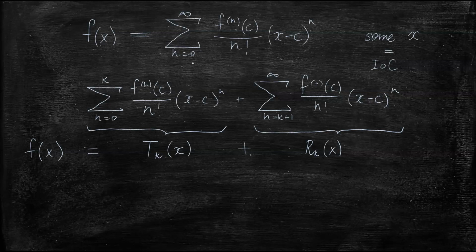This whole business of the Taylor series being equal to the function on its interval of convergence is only possible when the remainder actually goes to 0. So this is the idea behind proving that the Taylor series that we have created actually converges to the function from which it originated.